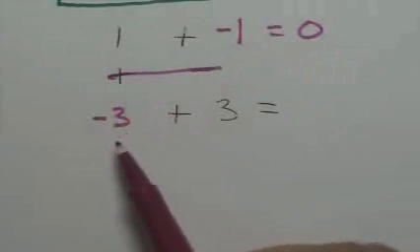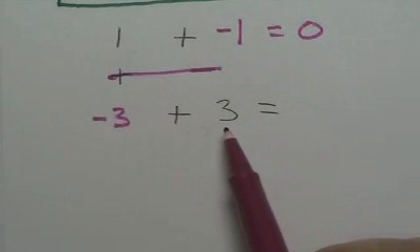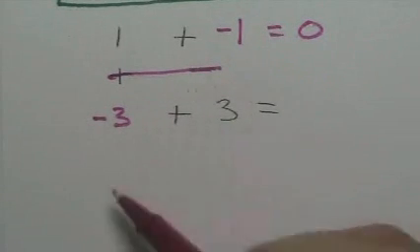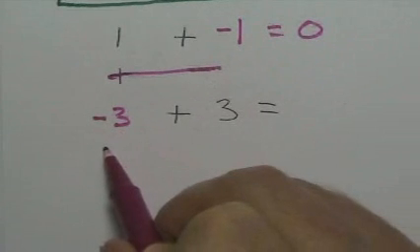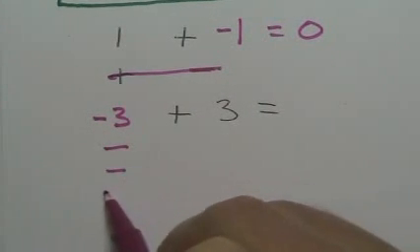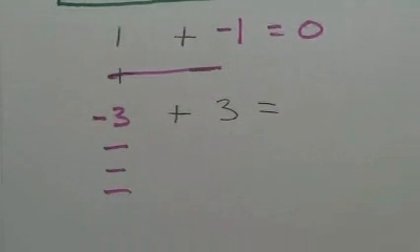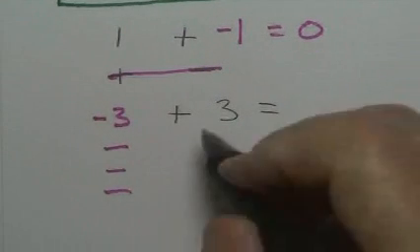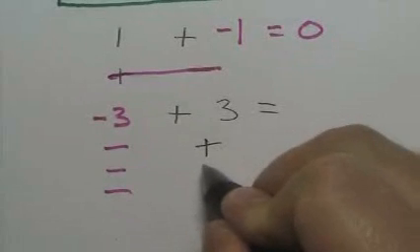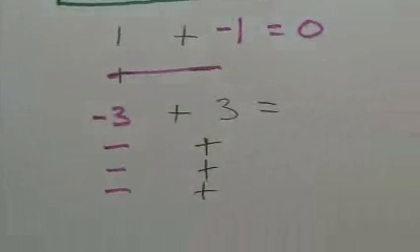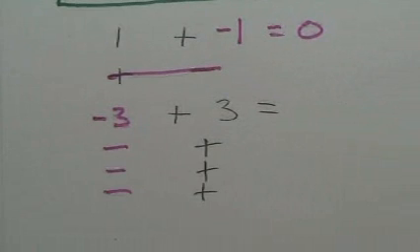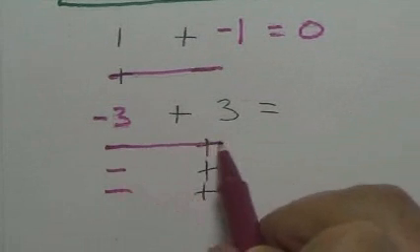Let's try the other one. Negative 3 and 3. Negative 3 plus 3. Negative 3, those are 3 negatives. And then positive 3: 1, 2, 3 positives. And notice positive and negative, they pair off, they cancel.